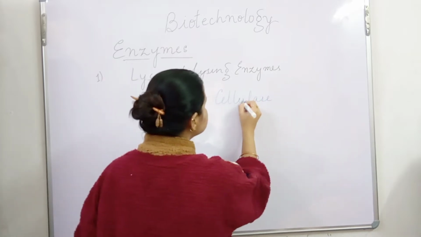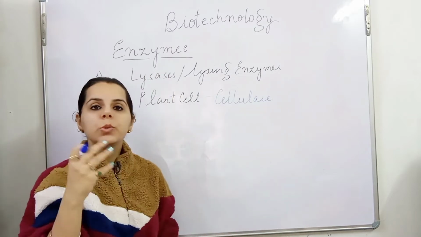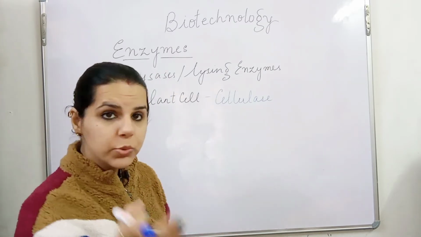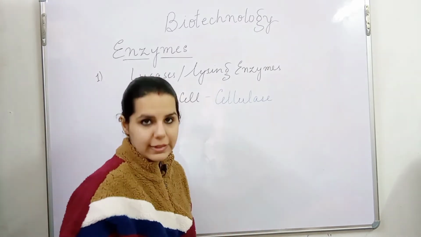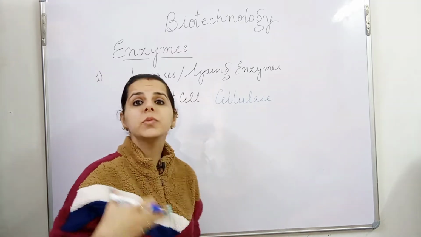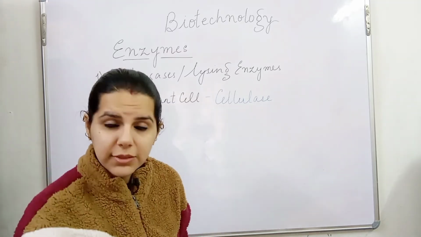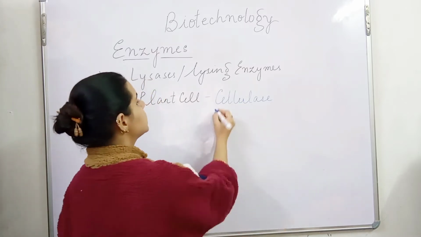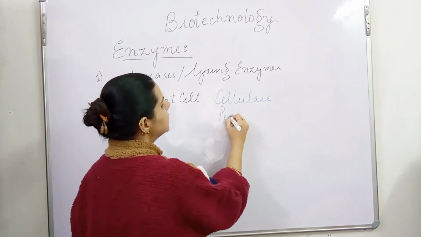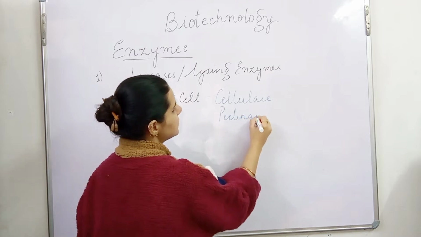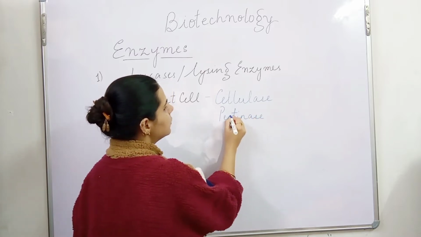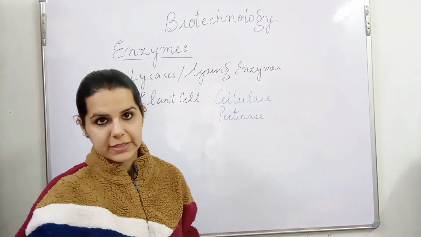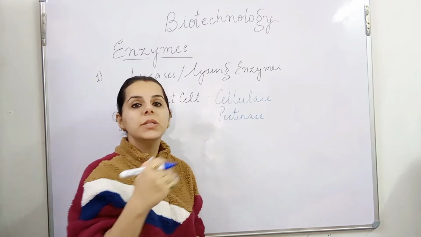This is the lysing enzyme used to break down the cellulosic cell wall of a plant cell. Apart from cellulose, there could be other substances present, supposedly pectin. There is another enzyme known as pectinase, which is helpful for the breakdown of pectin. This is about the cell wall.